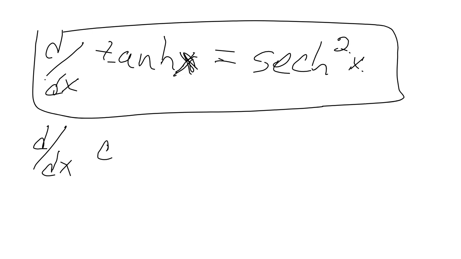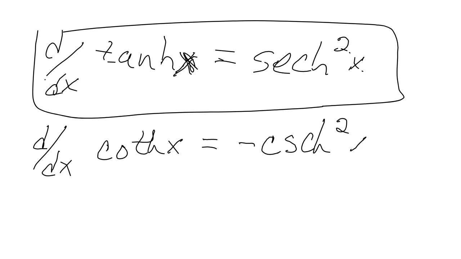The derivative of coth x is equal to minus csch squared x. If you remember, the derivative of cotangent is minus cosecant squared. So in this case, the minus shows up.